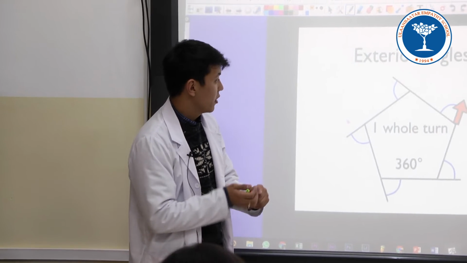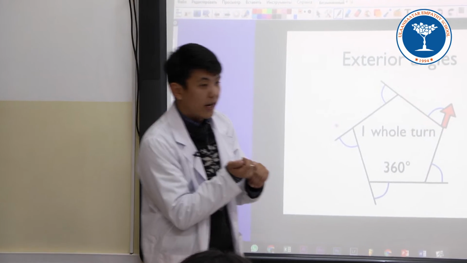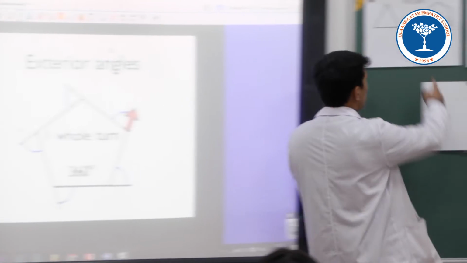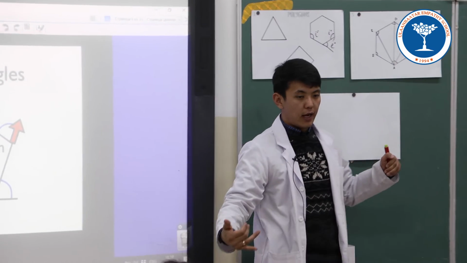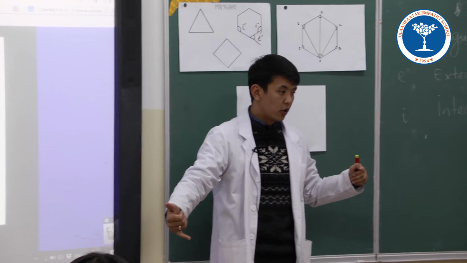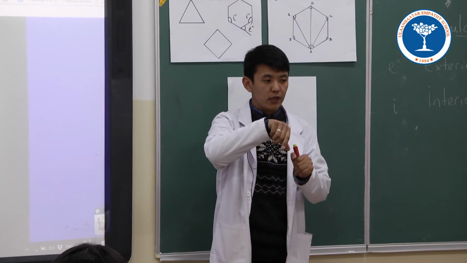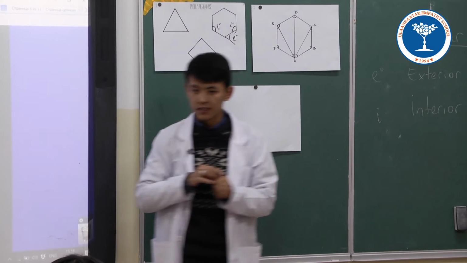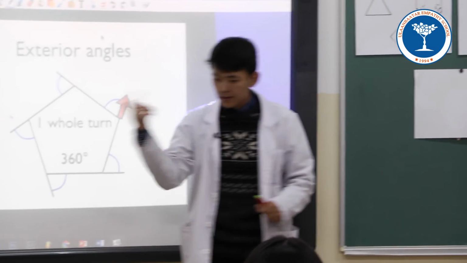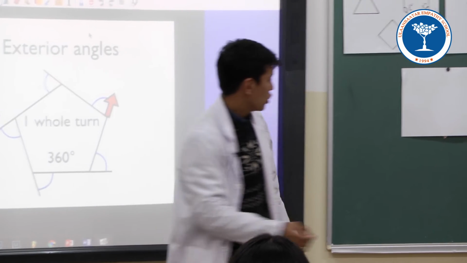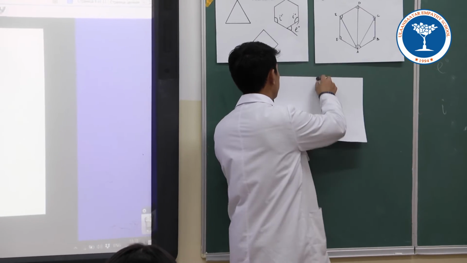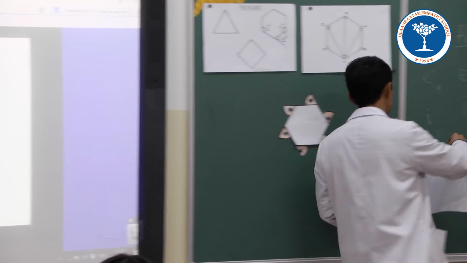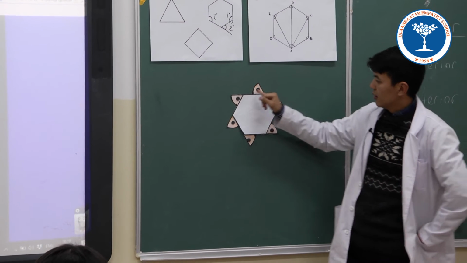What does exterior angle mean? An exterior angle is the continuation of a side of the polygon, and the angle between the second side and the continuation of the first side. Understand? Now, let's look at this drawing. Now, these are what?